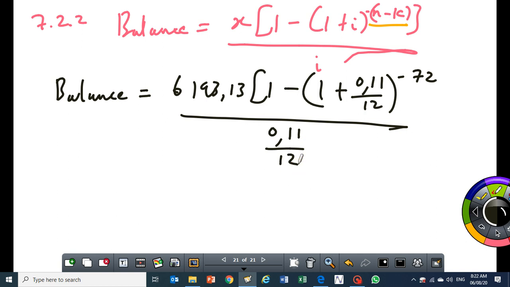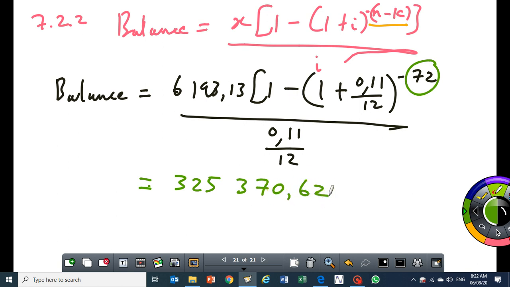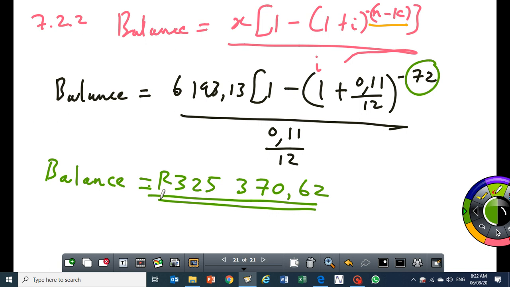For a question like this, we use method 2, they might give a mark, only a mark for that, for knowing what the n minus k is equal to. Right? So, you simplify, what do you get? 325,370.62. Right. So, that's the balance. That's the amount you're supposed to pay. Okay.